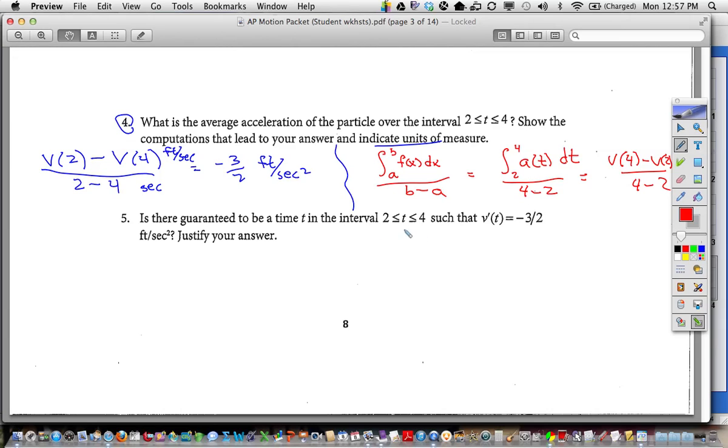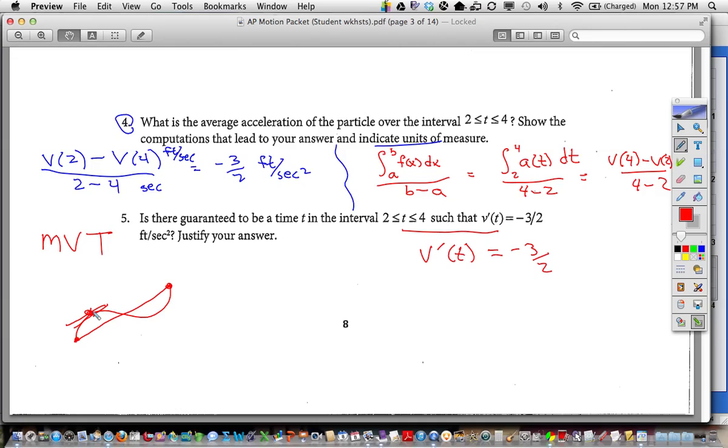And then is it guaranteed that V prime would equal -3/2, which is what we just found up here? Yes, because it had to cross the mean value. The mean value theorem says that the slope between the endpoints, there's got to be some point that will equal that. Ryan? That's only if it's differentiable.